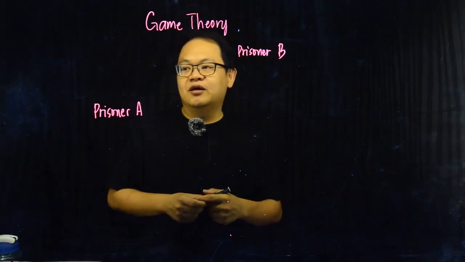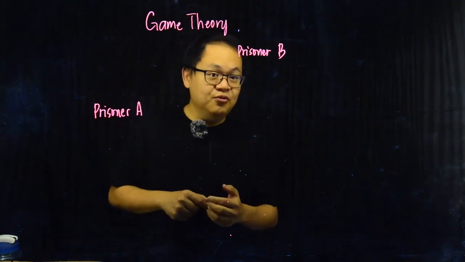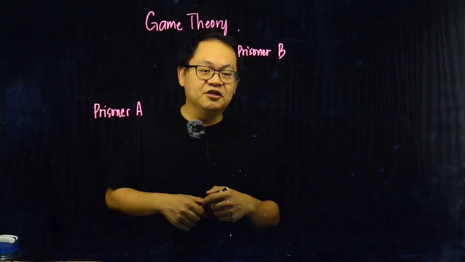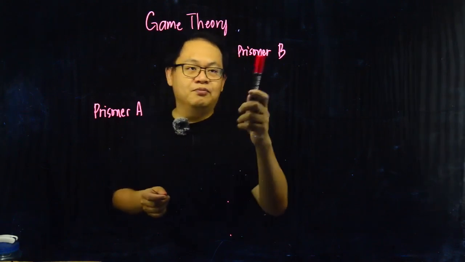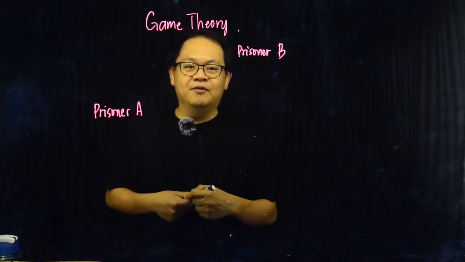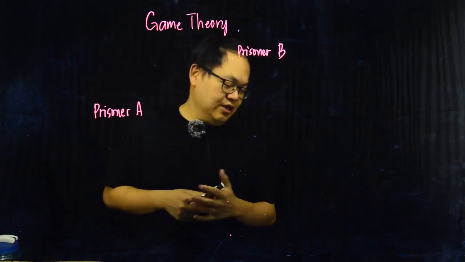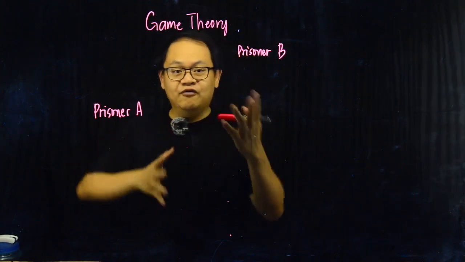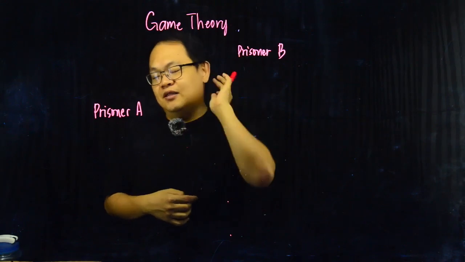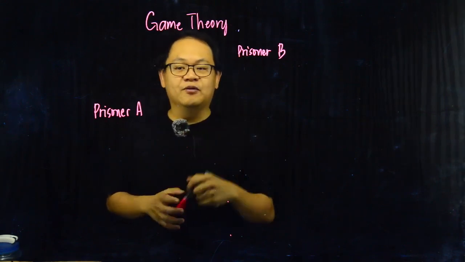So what the police are trying to do during the interrogation is they're trying to let these two prisoners admit to the murder. They were caught for the robbery, but the police is trying to pin them down for the murder.